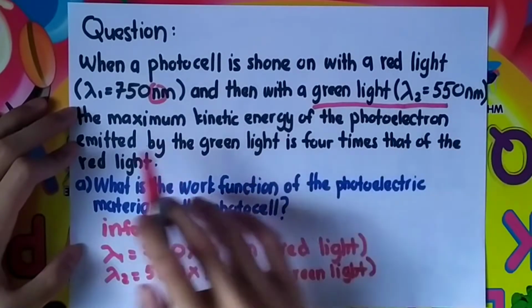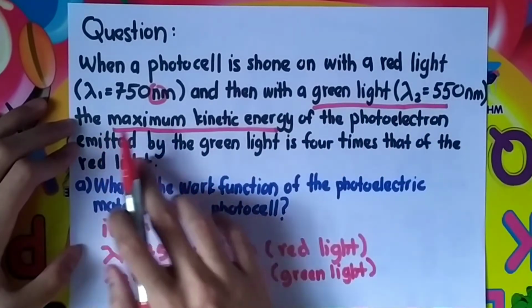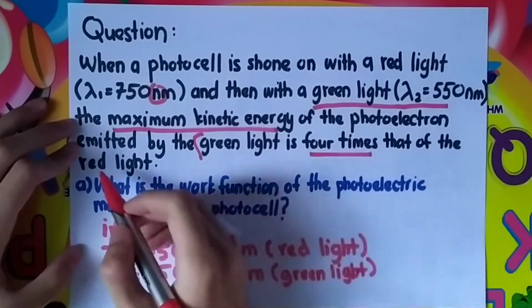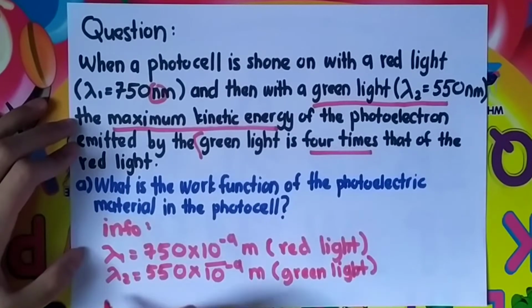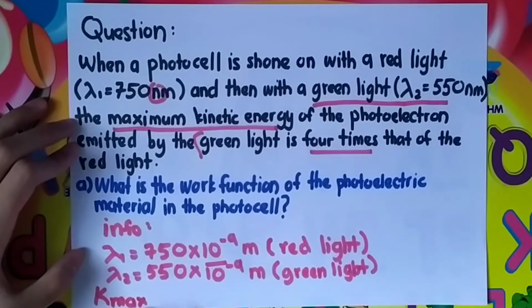The question also gives us that the maximum kinetic energy of the photoelectron emitted by the green light is 4 times that of the red light. So here we know Kmax means maximum kinetic energy.